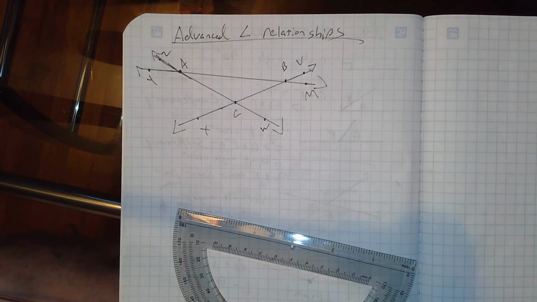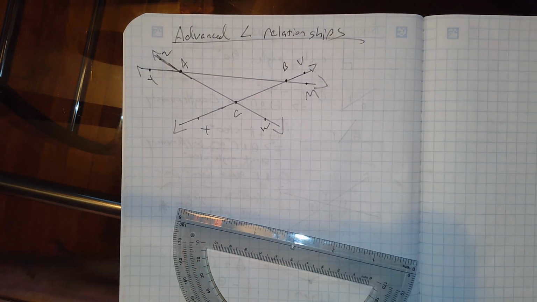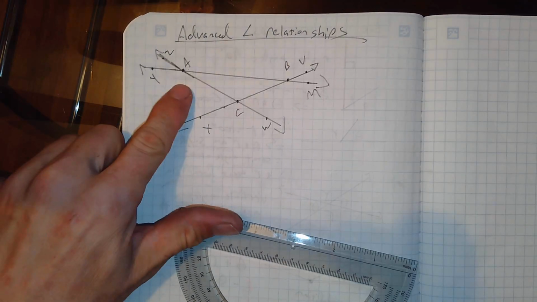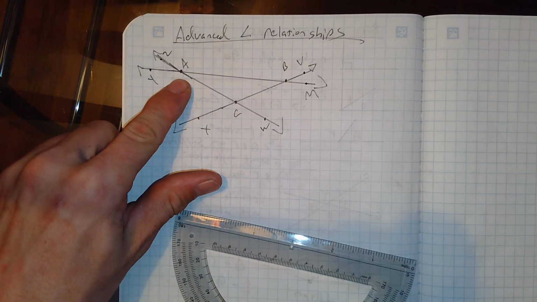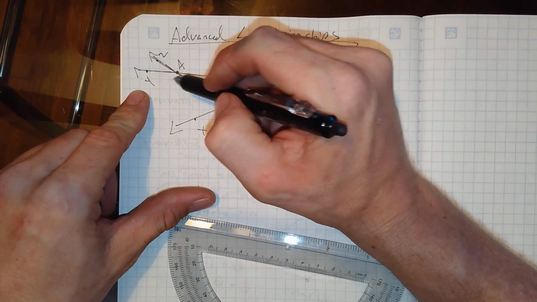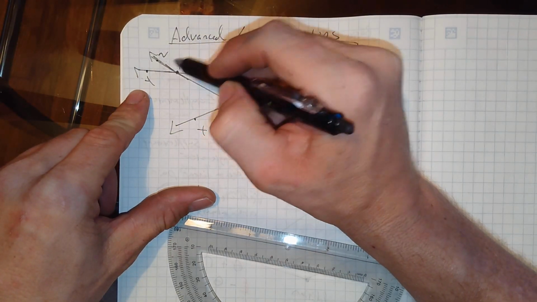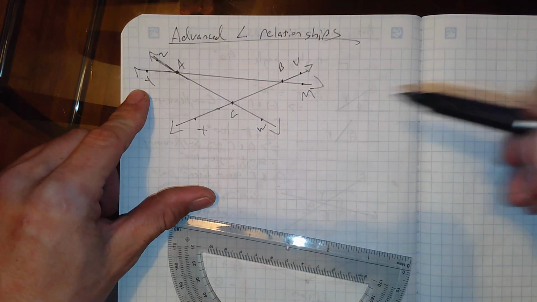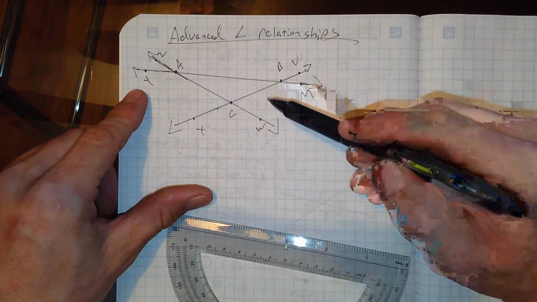Okay, all right. So now we can't really call this angle A, right? Because which angle are you talking about? Are you talking about this angle? Are you talking about that angle, that angle, that angle, right? And same as all these.